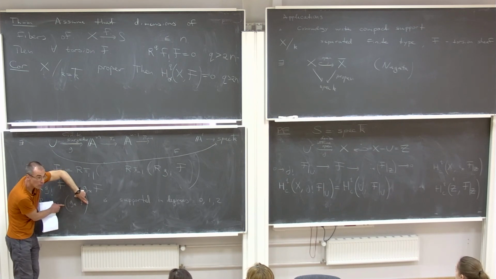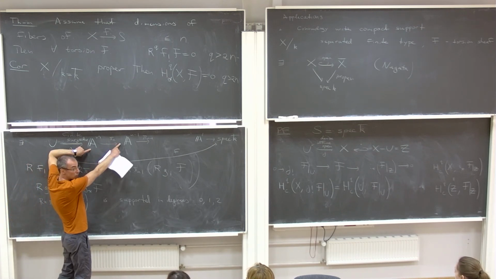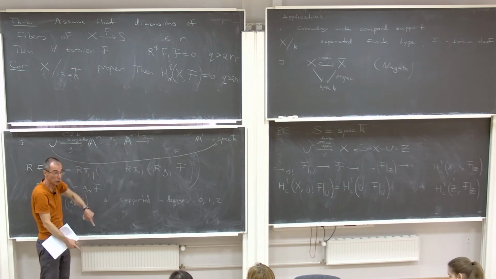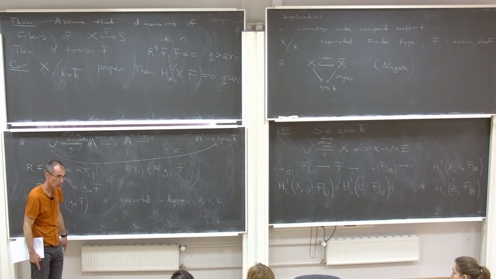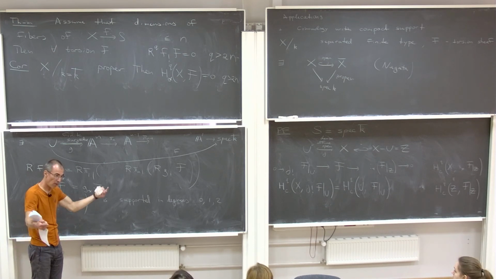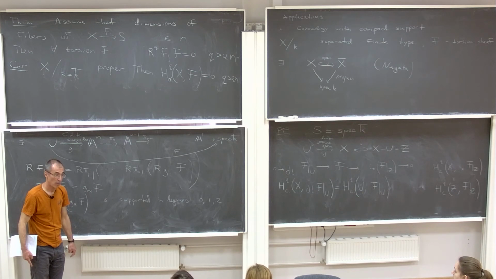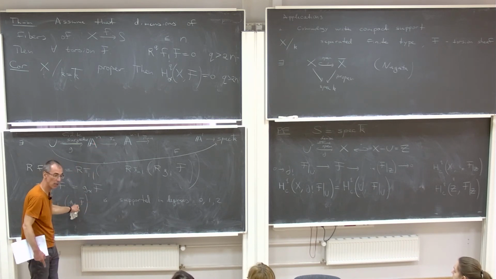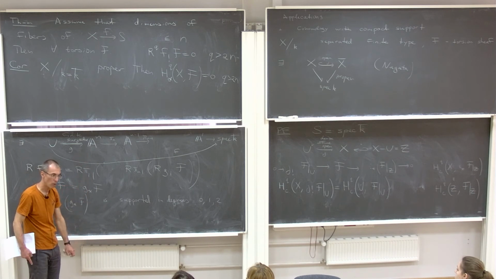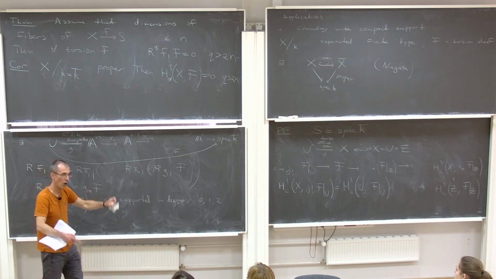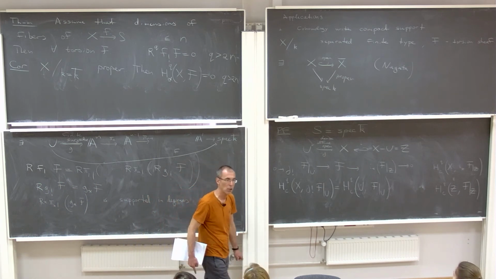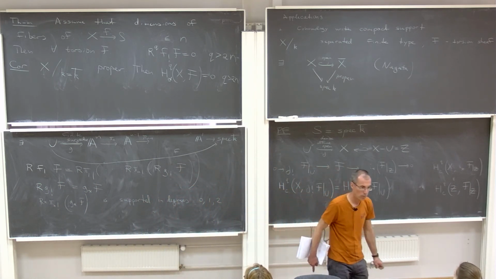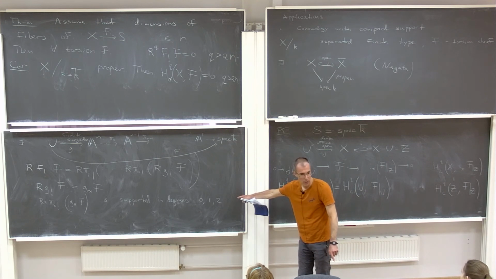So I take this sheaf, I restrict it to a geometric fiber of this morphism, and compute cohomology with compact support. But the fiber of this morphism is a curve. So I'm computing cohomology of P1 with coefficients in some sheaf, the zero extension of this guy. And we already know the vanishing, right? We know that for curves, cohomology may exist only in degrees 0, 1, and 2. So we conclude that this holds.